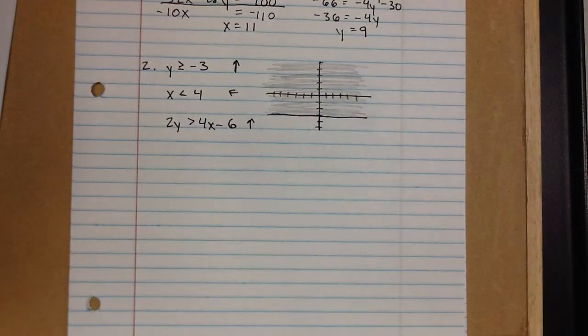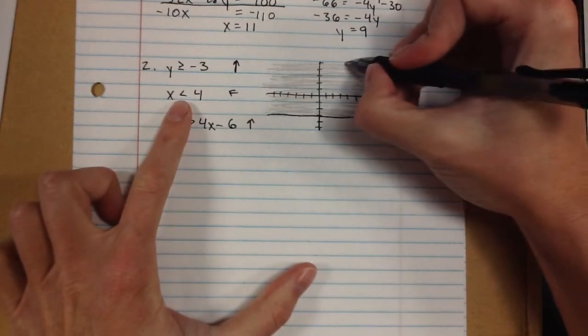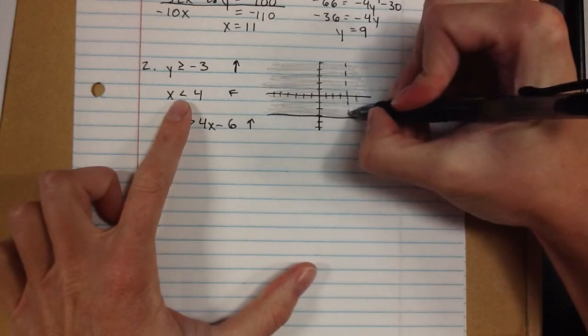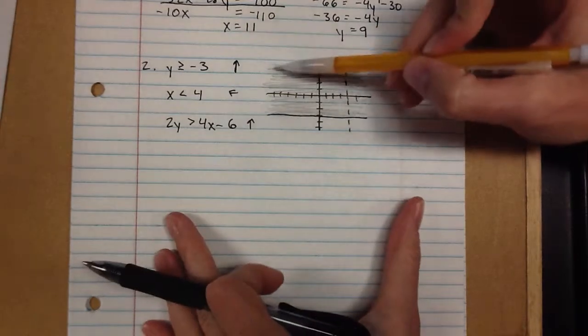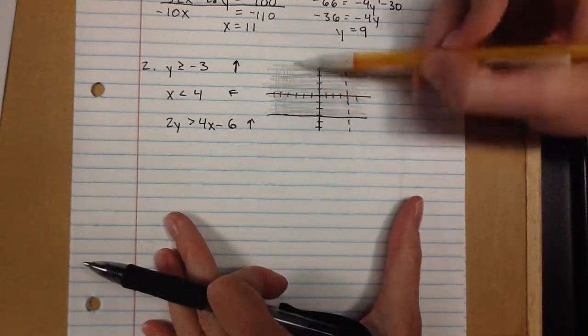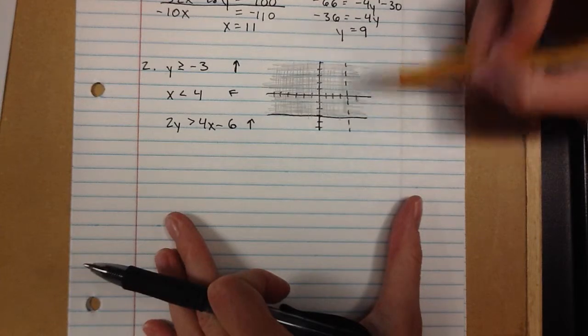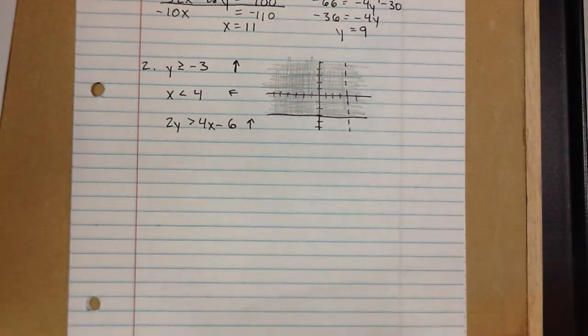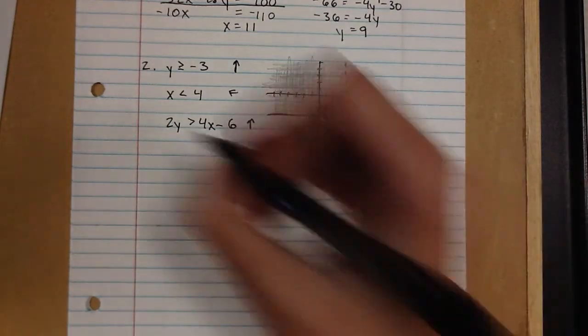Okay. And then I have x is less than 4. So there's not a line under it, so I have a dashed line at 4. And we're going to shade to the left of that. So over here. Okay. And then I'm going to go ahead and put this in slope-intercept form.